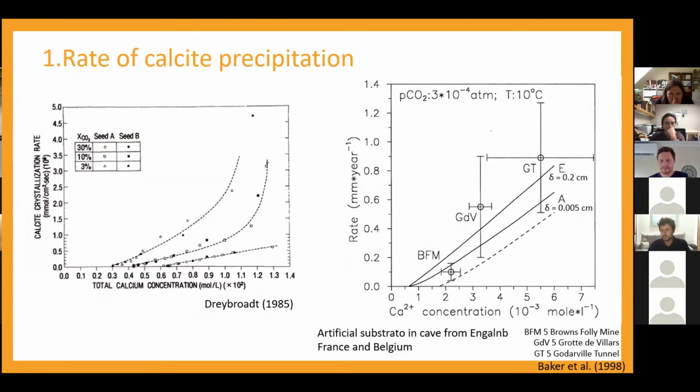There's also an experiment performed by Baker in 1998. He combined a group of monitoring experiments of calcite deposition in three different caves in England, France, and Belgium. We compared the deposition rate with respect to the amount of calcium for different caves, and we see quite a good comparison between the measured deposition rate and the one predicted by the theory.